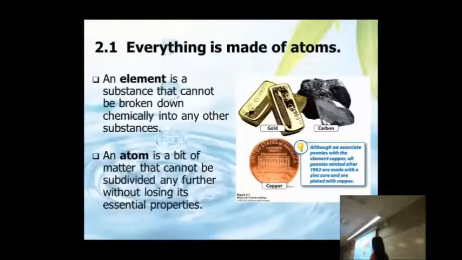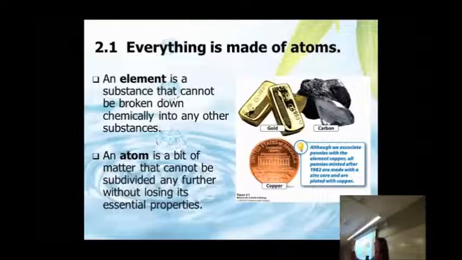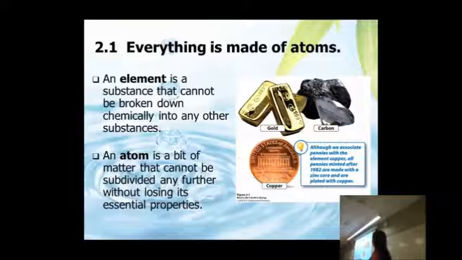So everything out there, everything, the air that we're breathing, the land that we're standing on, our bodies is made up of atoms. And the atoms are most broken down to the smallest substance. An element is a substance that cannot be broken down chemically into any other substance.